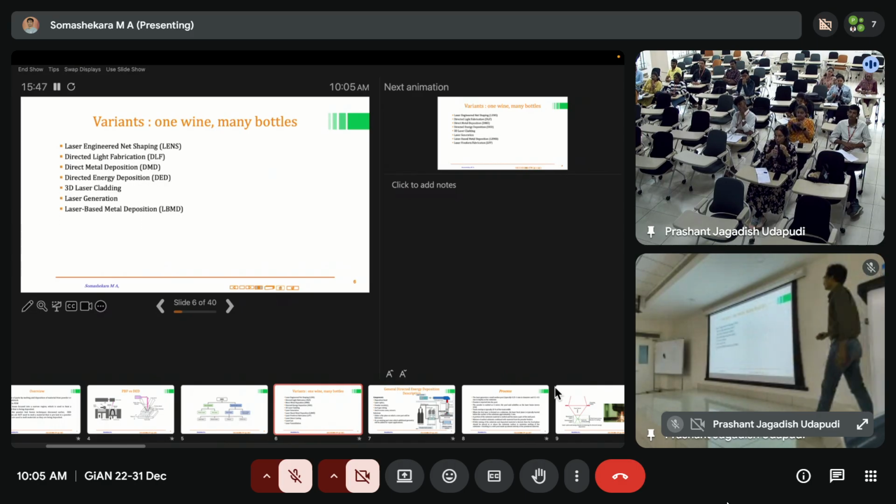And then there are a few more technologies. Again, all these technologies work in a similar way when it comes to the deposition, right? That's why I named these variants "one wine and many bottles," because you may have the same concept but different names.